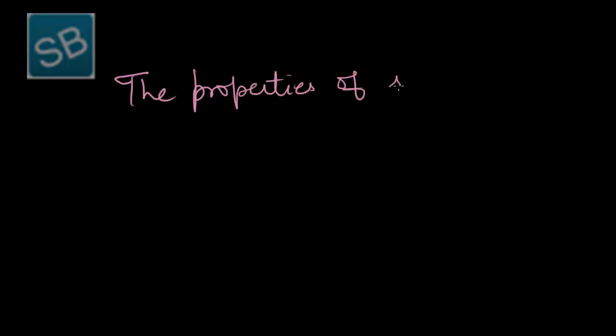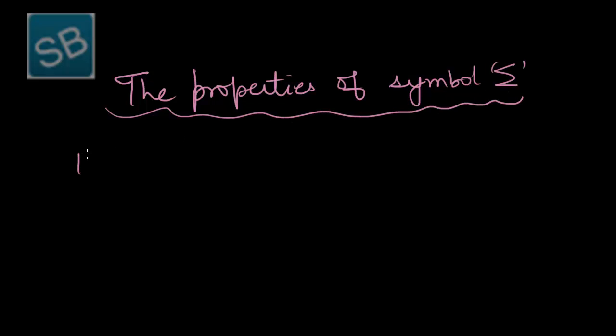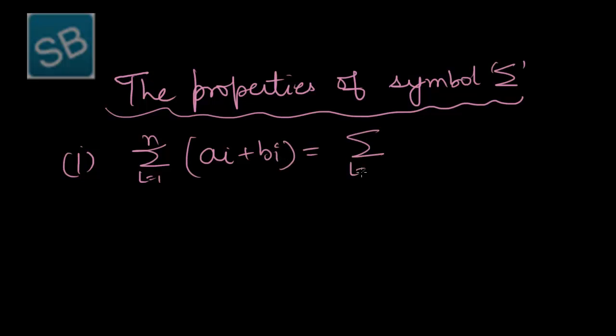As sigma exists in the notation of a series, now we will discuss the properties of the symbol sigma. The first property is, sigma i from 1 to n of the sum of two series is equal to the sigma of the first series plus the sigma of the second series.